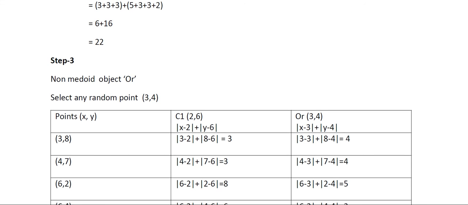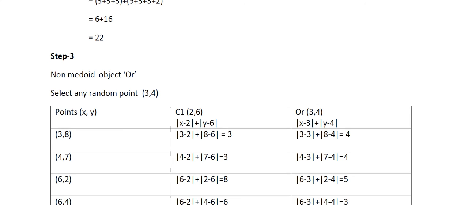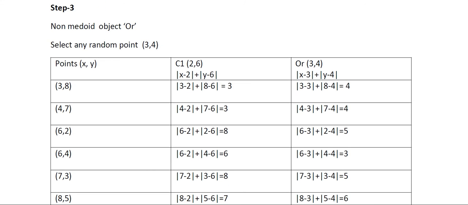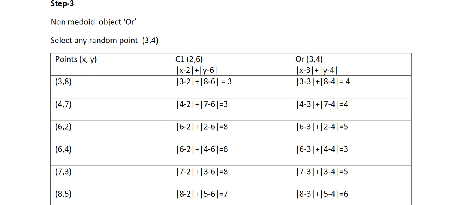Again the same thing, for x we put 3 and for y we put 8. If you compute this formula, you will get 3, 4, 3, 4, 8, 5, 6, 3.